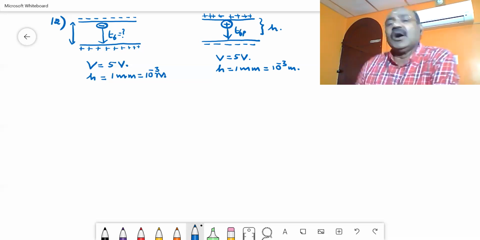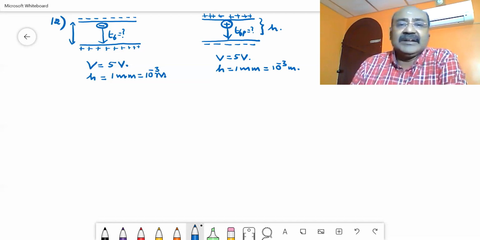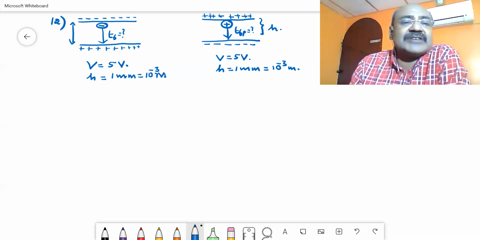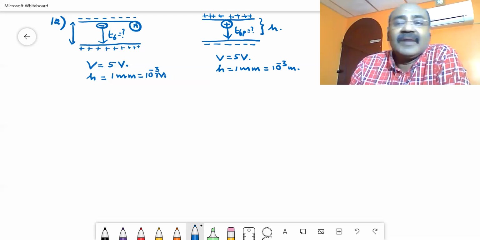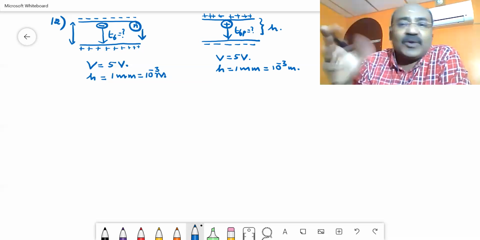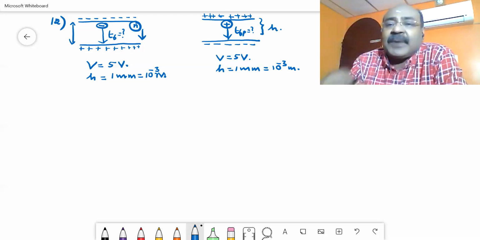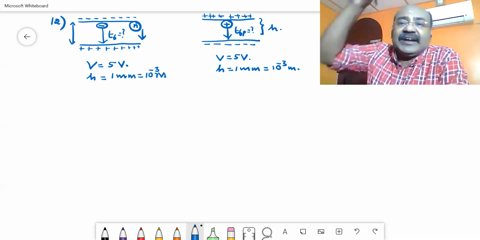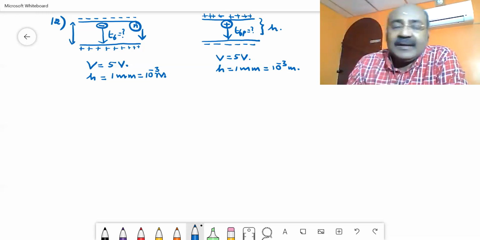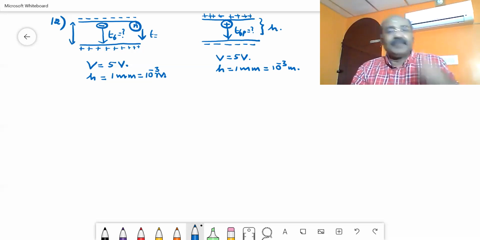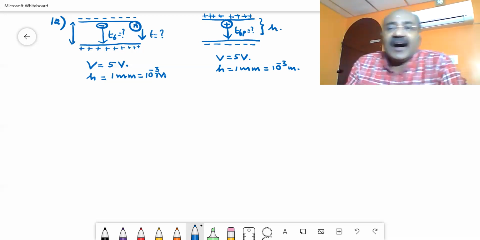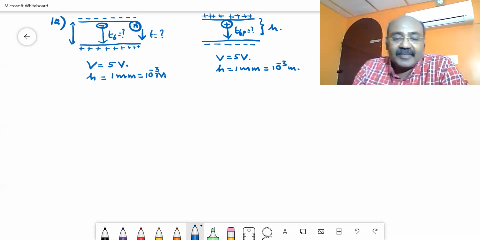That is also asked. Then the third one, a chargeless particle, neutron, is made to fall. It is a free fall, because the neutron does not have any charge, so it is unaffected by both the negative and positive charges. When it is falling freely, they are asking what the time of flight is. These are the three questions asked in this problem.